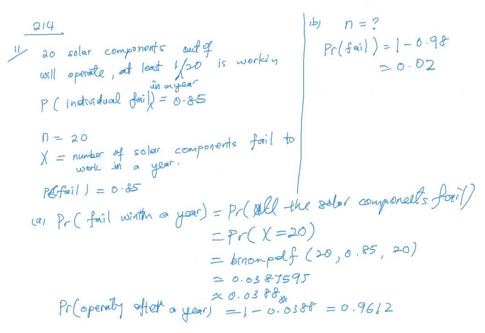So now how are we going to work on this with our GC? We will use the method called try and error. Okay, so now I'm going to use n. Look, so it must be smaller than 0.02.